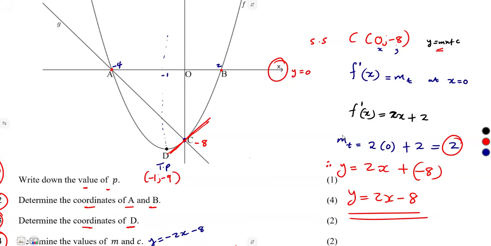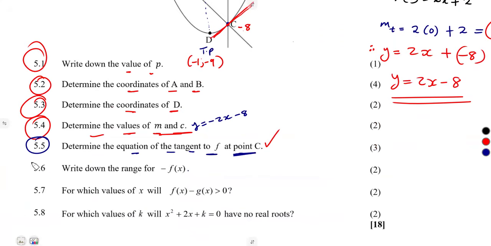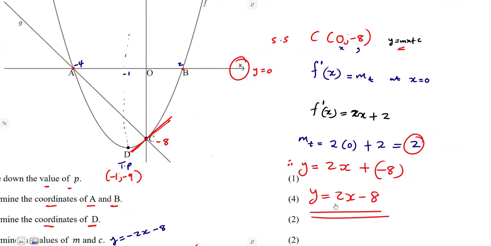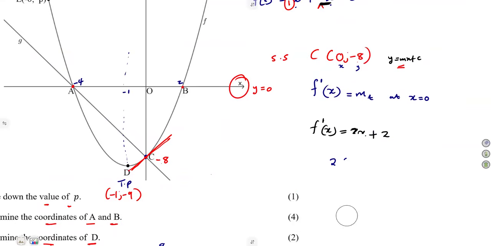All right, so it was a little bit direct, from what we can see. That is a direct question. Then 5.6, the range for minus f of x. Write down the range for what? Minus f of x. So take note here, f of x is the original function, but we need minus f of x.